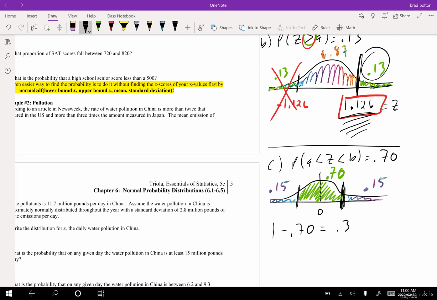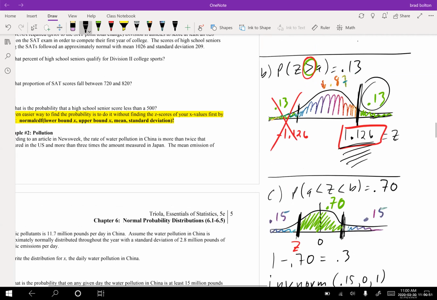So I know that if I were to use inverse norm, and I'm going to use 0.15 comma 0 comma 1, and I will put this on my calculator, but actually we already have it up here.